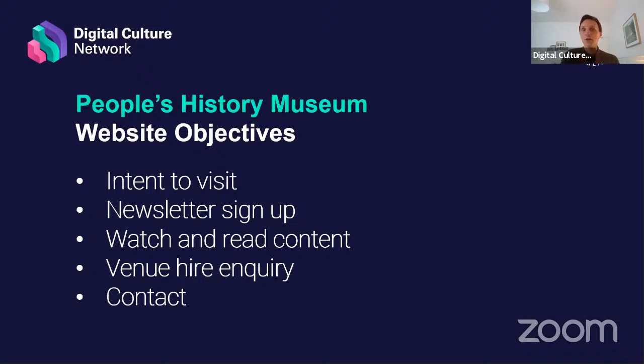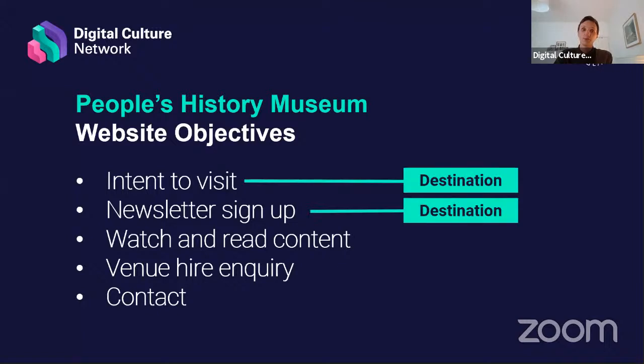So if these are our objectives for the People's History Museum I mentioned earlier, a couple of them could be destination goals within analytics. That's the first two here: intent to visit, and then newsletter signup, because newsletter signup has a thank you page. We can tell Google Analytics we want a goal set up on this, so look at that page. If someone hits that thank you page, then that's a destination goal for us.